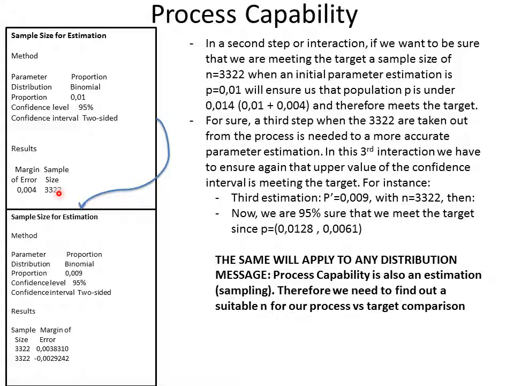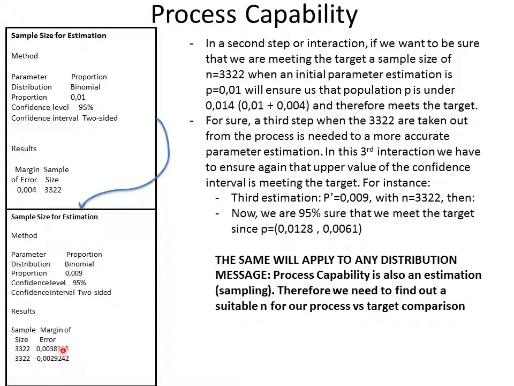So this gives us a sample size of 3,322 parts. So if we take these units from the process, imagine we have an estimation of 0.009, 0.9% with this sample size. So a third iteration of proportion estimation would be this one.